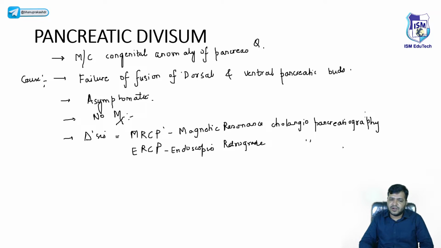So yes, it's for that. Again, a problem can arise that the pancreas can be inflamed. It increases the risk of pancreatitis. So if there is pancreatitis, guys, you have to do a sphincterectomy. You have to just cut it and remove it.